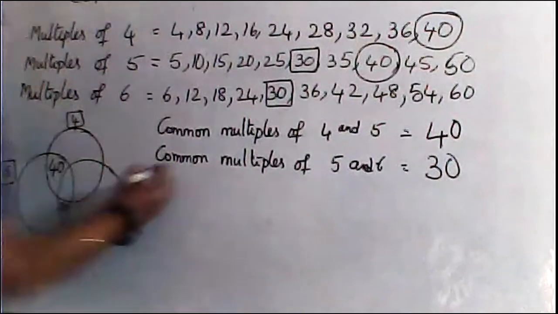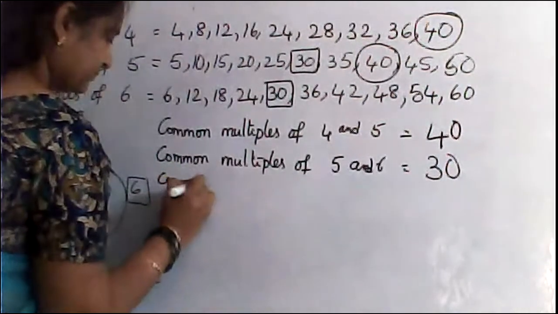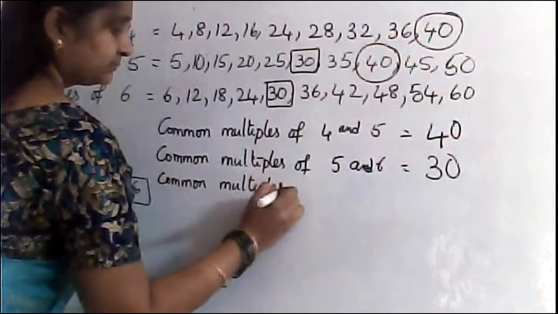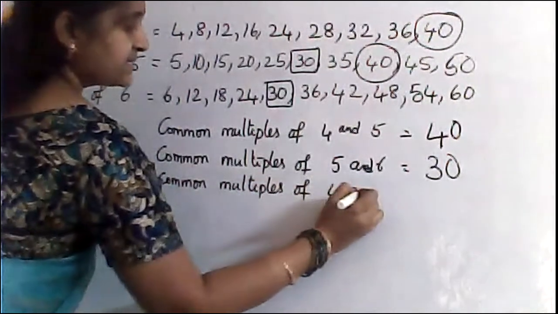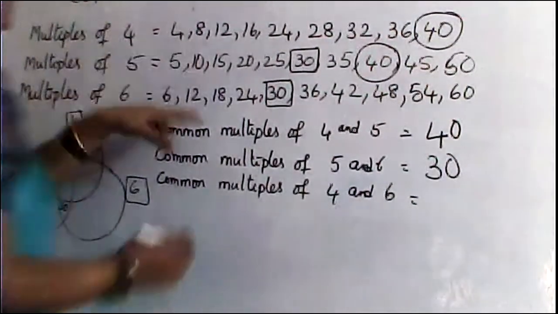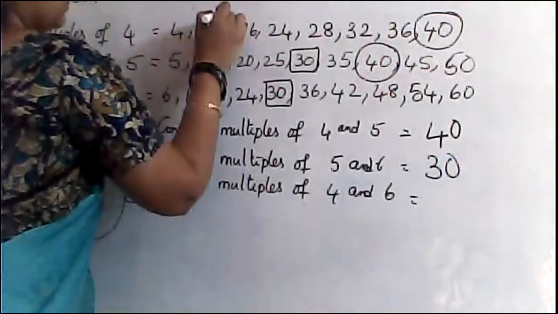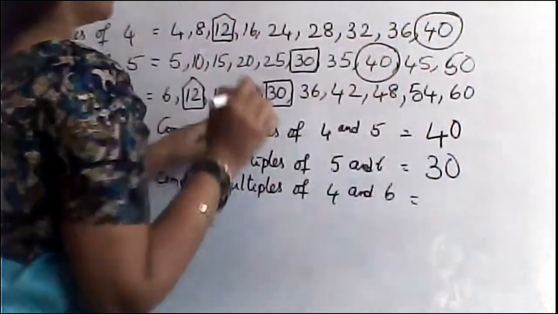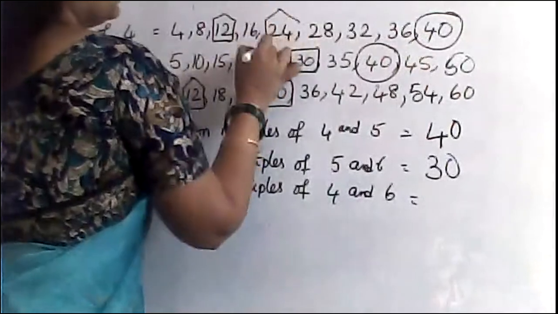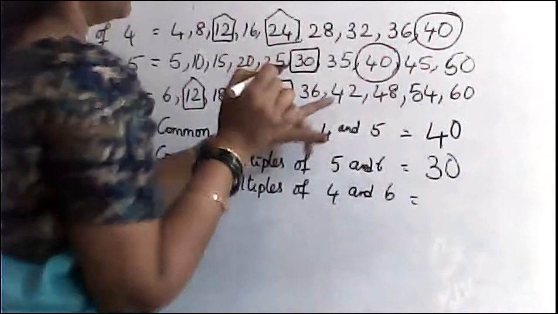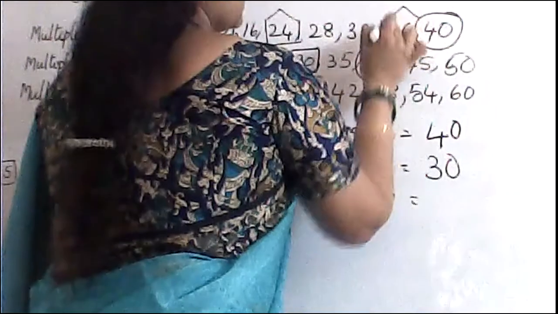Now common multiples of 4 and 6. Check it. 12 you have, 24 you have, 36 we have.